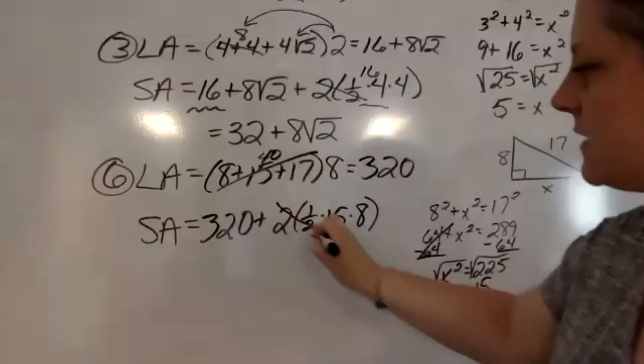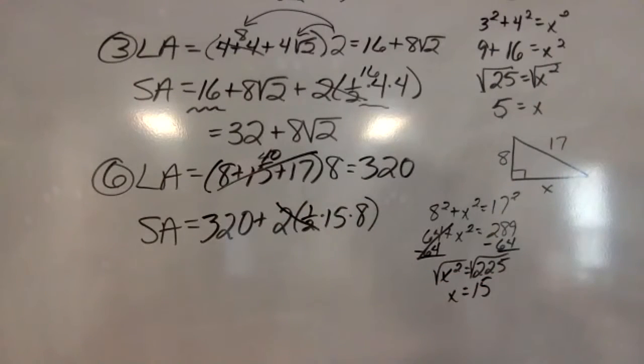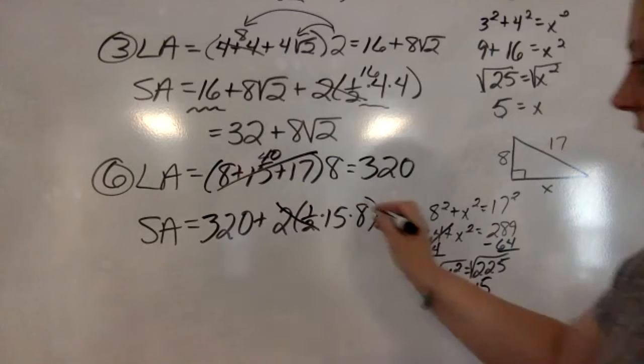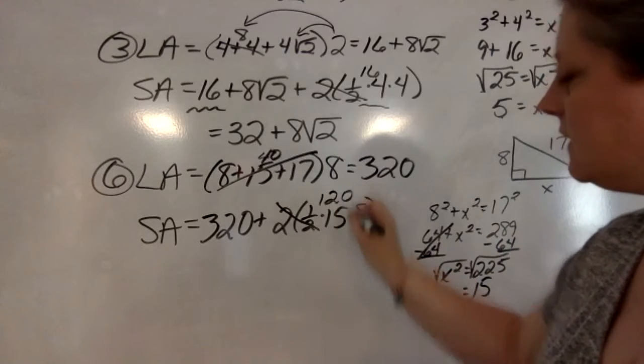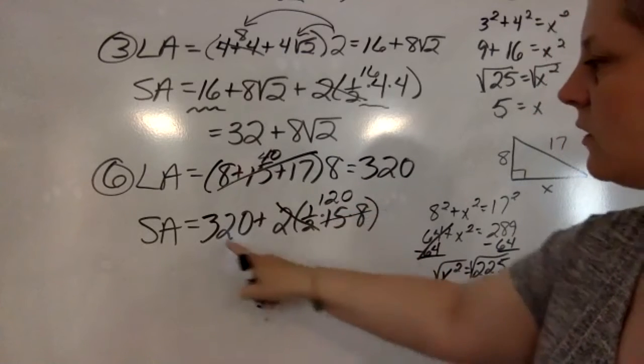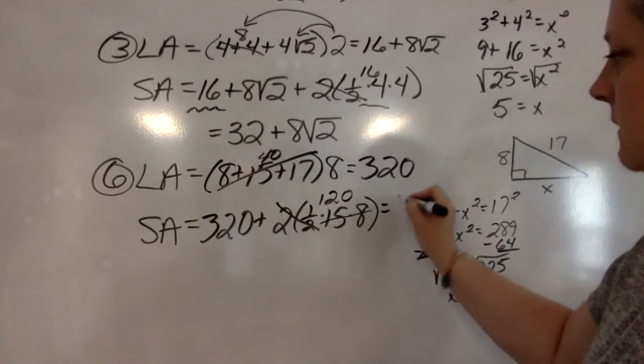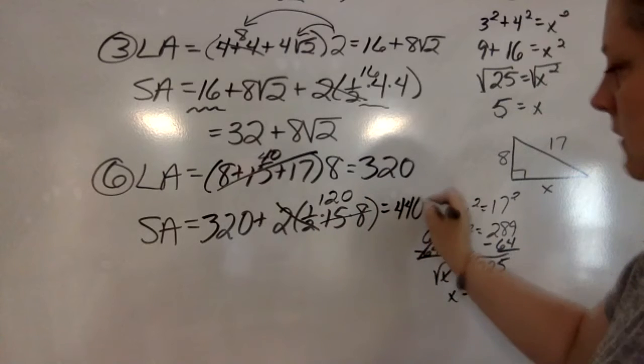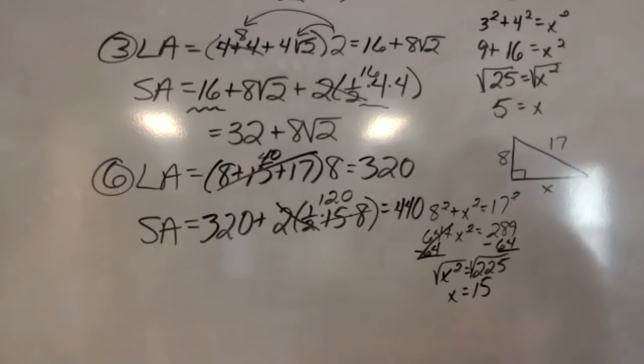So the 2 times 1/2 cancel. 15 times 8 is 120. So 320 plus 120. It's 440 for your total surface area.